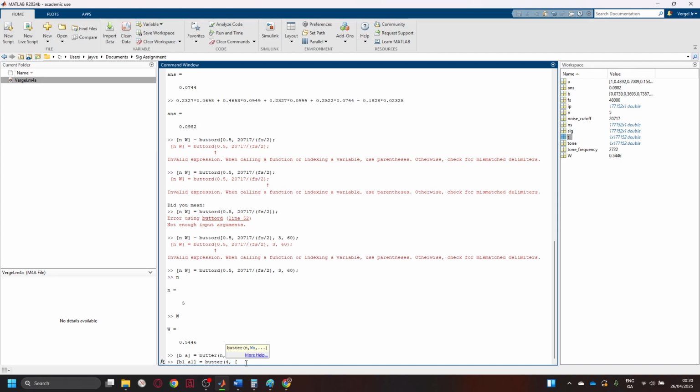So in the cutoff frequency, this is the tone frequency. So this minus 50 kind of gives it the range.